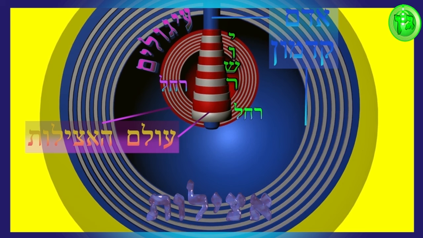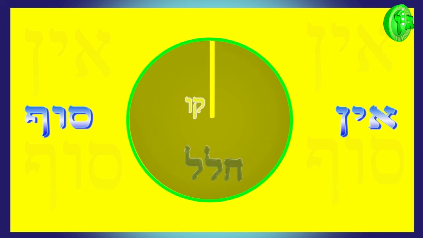As we already learned, the Arizal stresses that the Tzimtzum happened, so to speak, in a circular fashion. With that in mind, it shouldn't be too hard for us to understand that the circle of the Tzimtzum is necessarily the greatest circle there could be. Since, after all, right above this circle resides none other than the Ein Sof. And certainly the circle of the Tzimtzum is the outermost circle there could be, since it surrounds the entire Halal, where all the future circles are destined to be created.